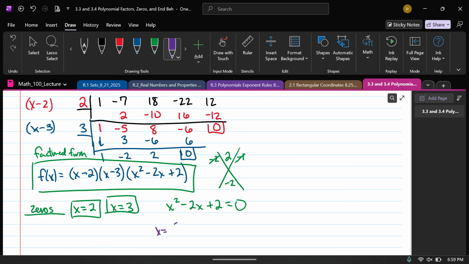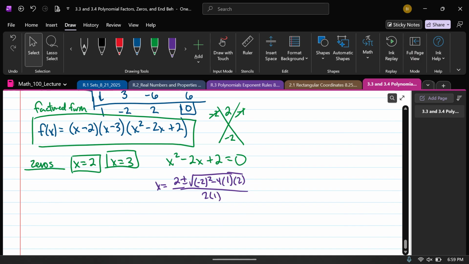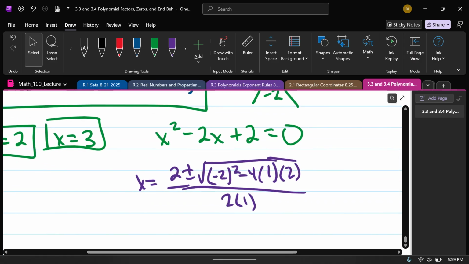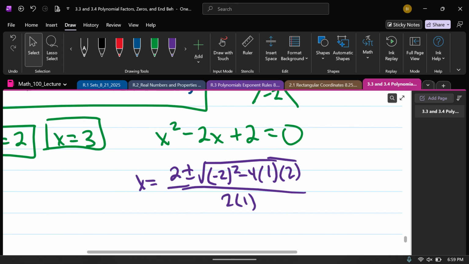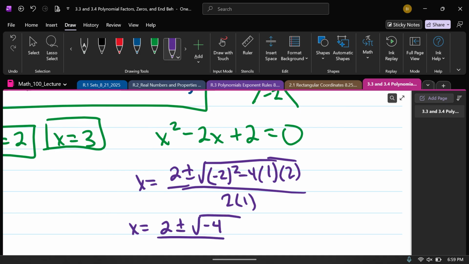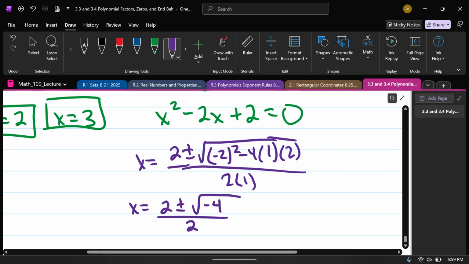X equals -b plus or minus radical b squared minus 4ac divided by 2a. Okay. So I've got my quadratic formula written there, and I'm going to simplify this out. So this is going to be +4 minus 8. So that's going to be x equals 2 plus or minus the square root of negative 4 all over 2.